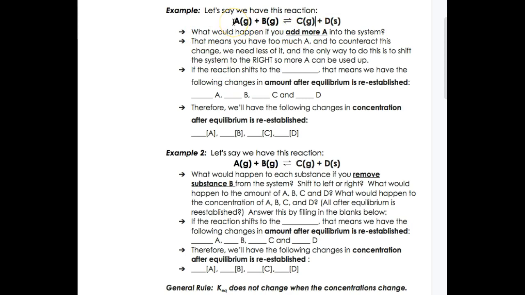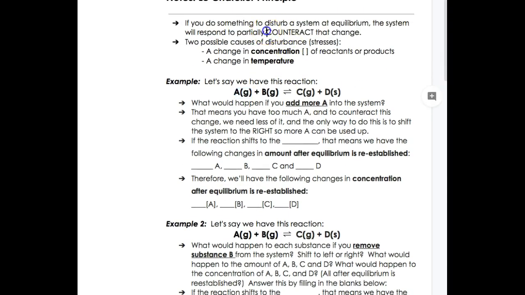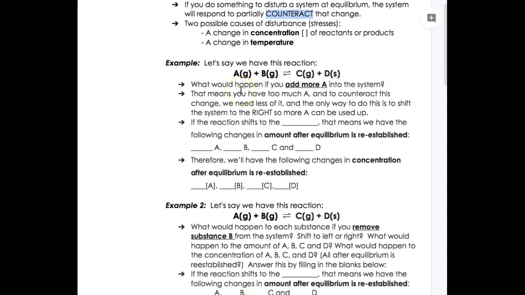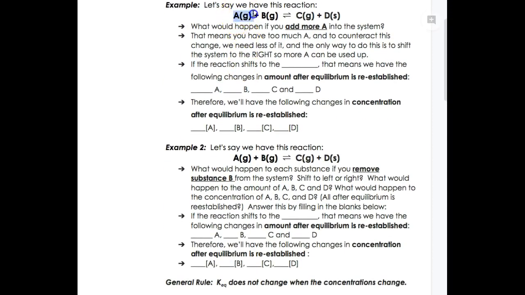So what would happen if you disturb this reaction by adding more of this? So you throw A into the system. How is the system going to respond? So again, the system will respond by countering that change. If we're adding more A, then we need to lessen that amount.